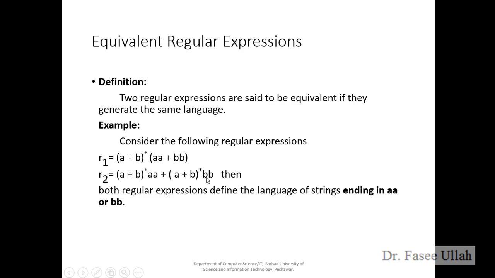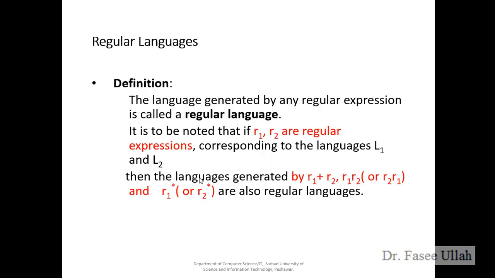So we can extend the language based on the regular expression in the question, in any format according to the question. The basic meaning of R1 and R2 here is ending with a or b, but with 2 times according to R2. This is the equivalence form of regular expressions.